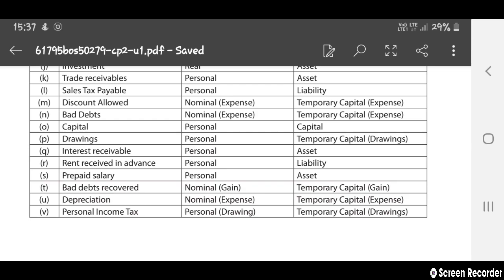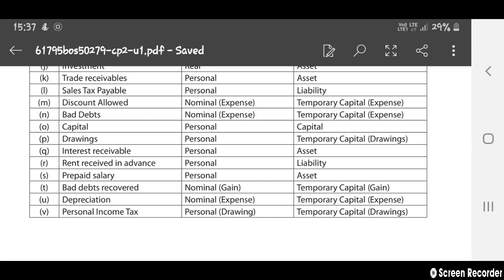Capital, it is personal, it is our money, we are giving it to grow our business. We say it personal in our traditional approach, but in our accounting equation approach we say it as capital only, we will not say any other words.